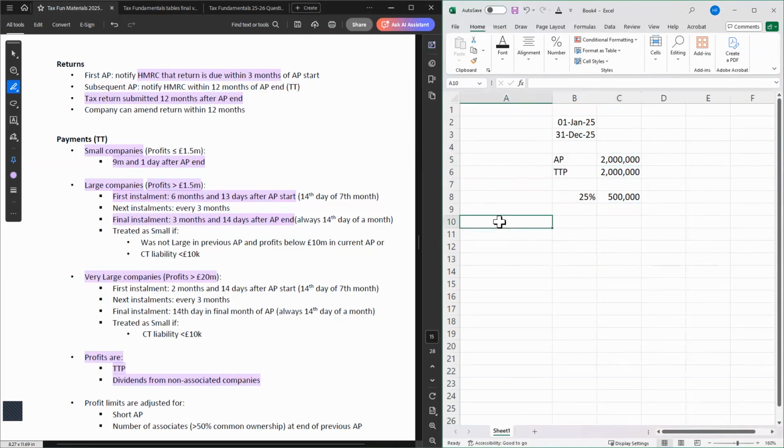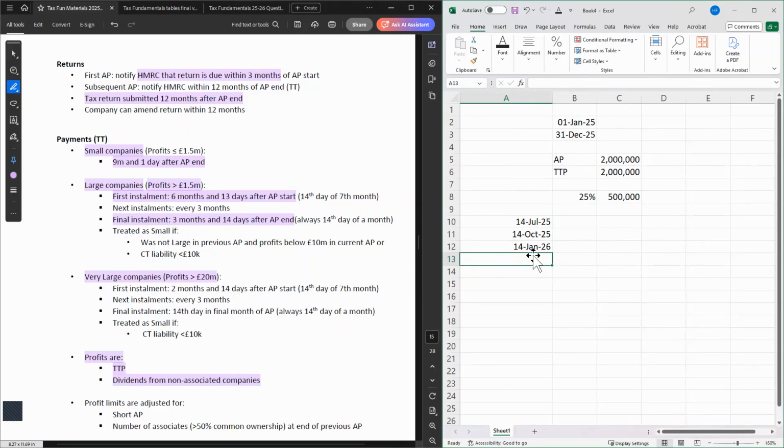The first instalment is due 6 months and 13 days after the start of the accounting period. So 6 months and 13 days after 1st of January 25 is the 14th of July 25. And then the next instalment is due 3 months later, which is 14th of October 25, and then the next one would also be 3 months later, which is 14th of January 26, and then the final instalment payment is due 3 months and 14 days after the end of the accounting period.